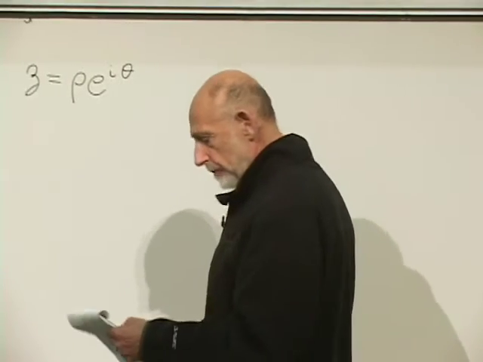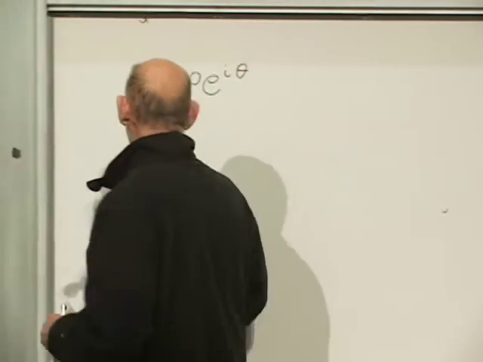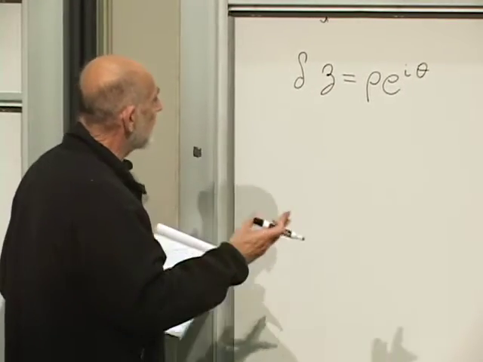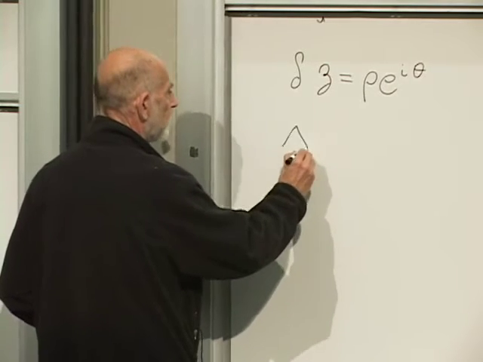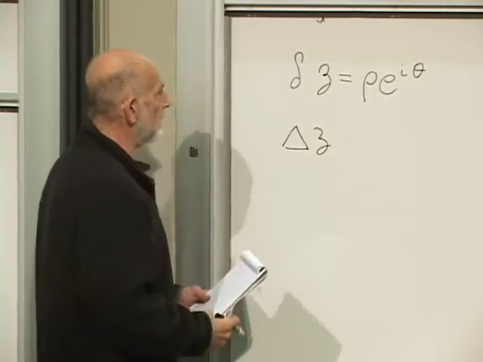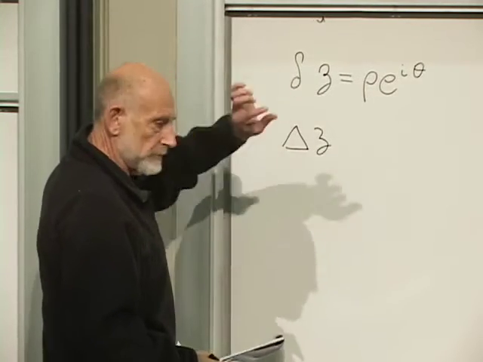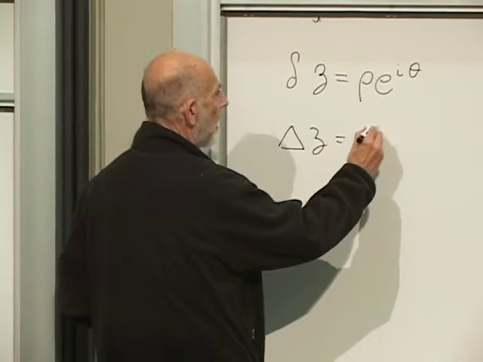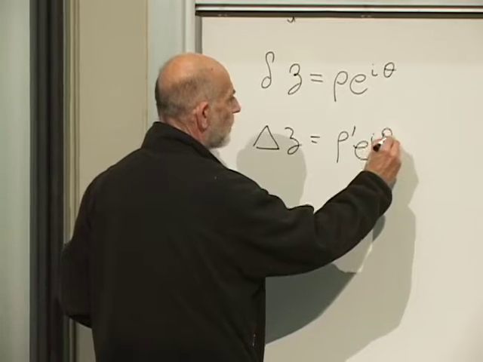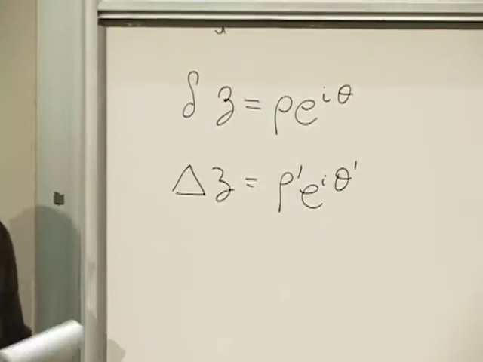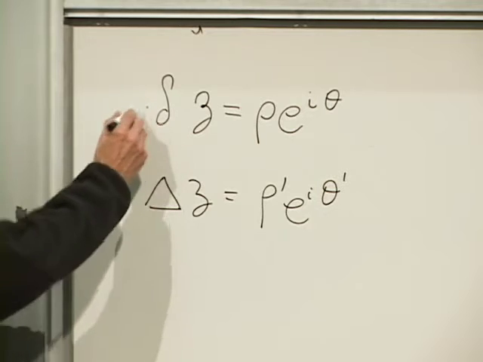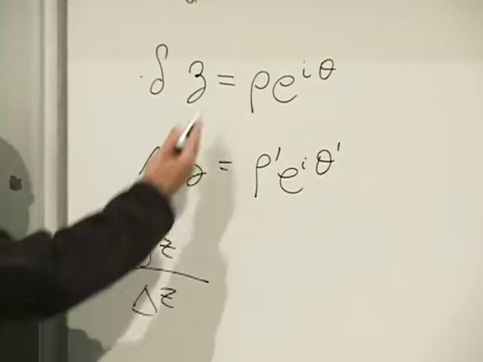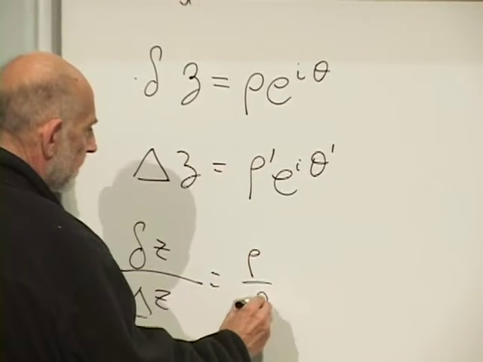Now, supposing we have two complex numbers, let's call this delta z, because I really do mean it to be a small little displacement. Let's suppose I have another one, let's call it capital delta z. Each one of these is intended to be a small displacement, but for the moment they're just complex numbers. And this one is rho prime, e to the i theta prime. Think about the ratio of these two. The ratio, delta z over delta z, first of all has rho over rho prime.